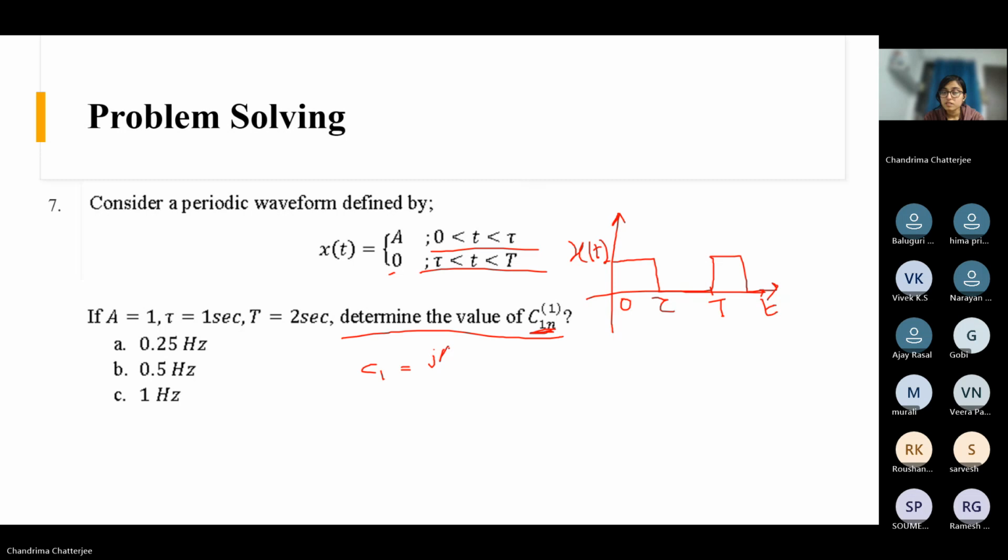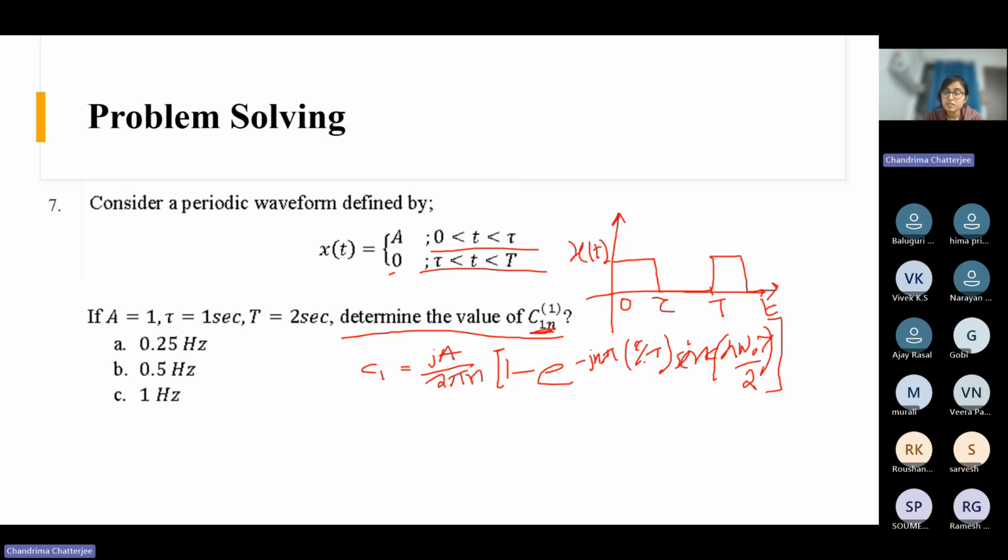j by 2 pi n and then sinc of n omega naught tau by 2. Right? Tau by T is half.